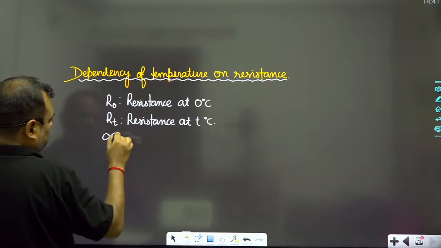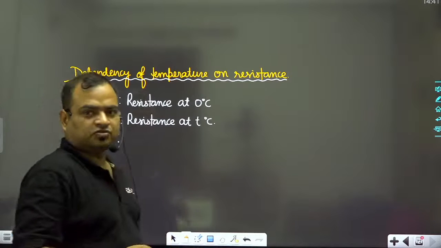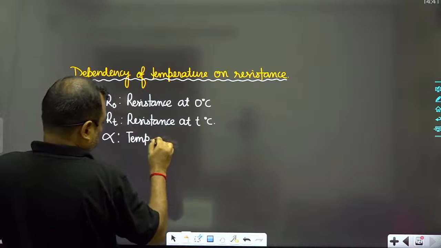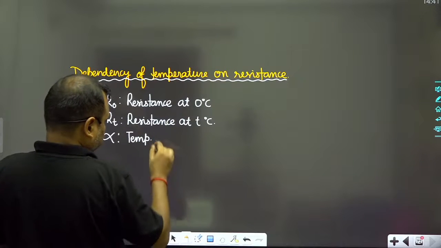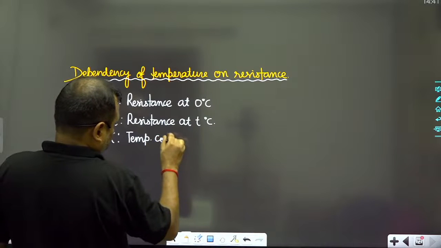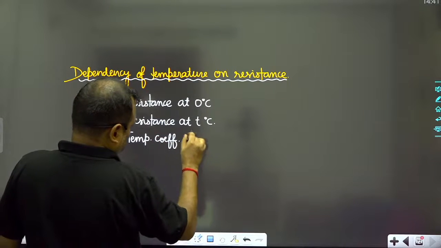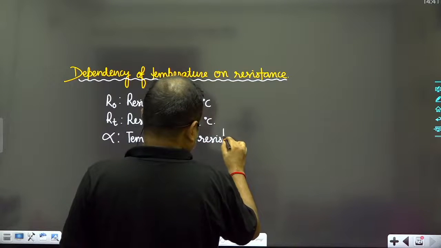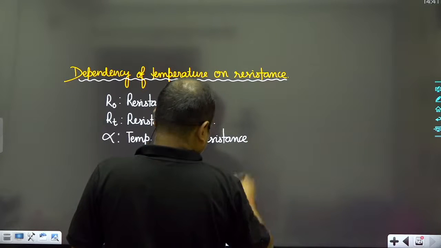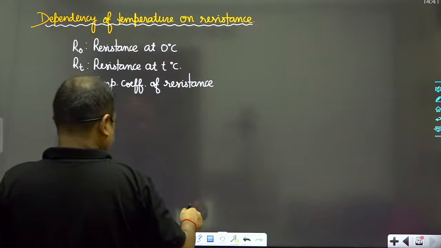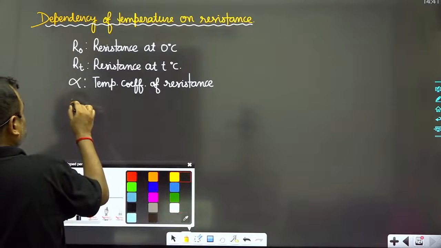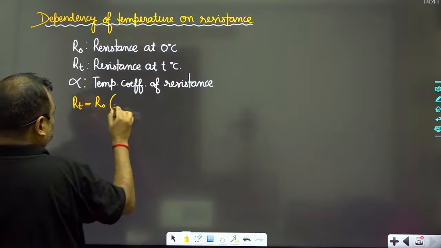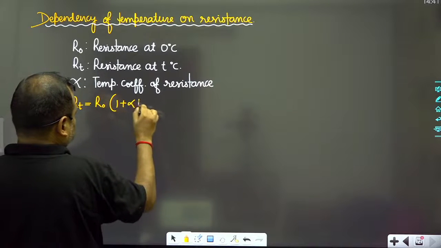Alpha is the temperature coefficient of resistance. So RT will be equal to R naught into 1 plus alpha into T.